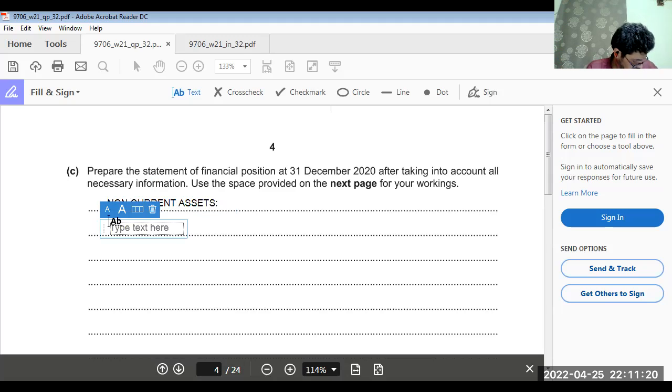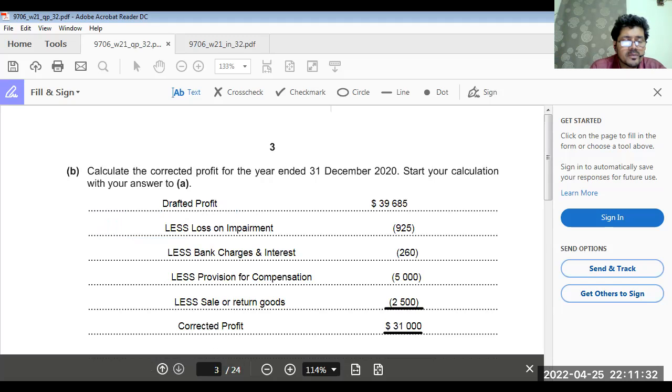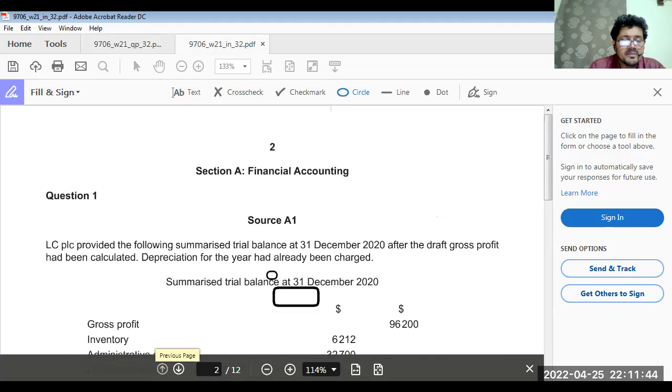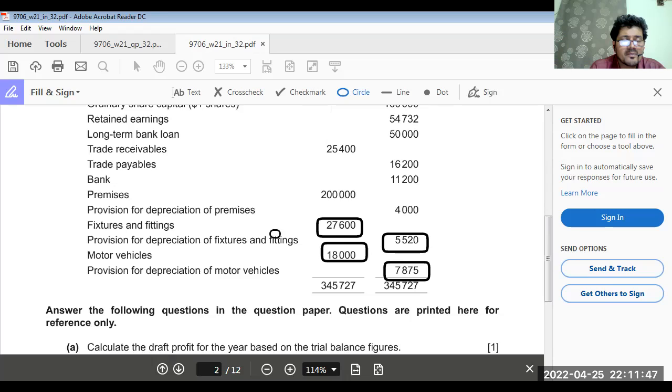In non-current assets we have $200,000 as the value of premises, but it has increased to 244,000 after revaluation.